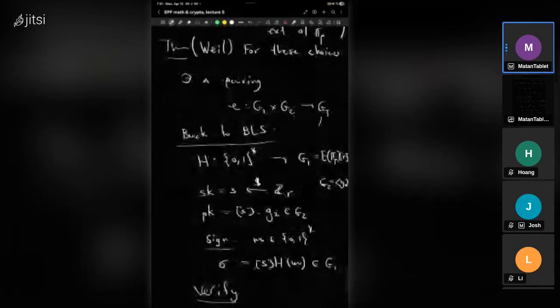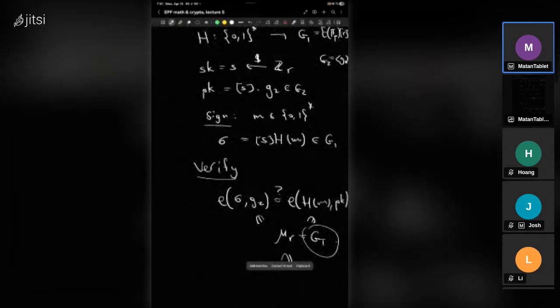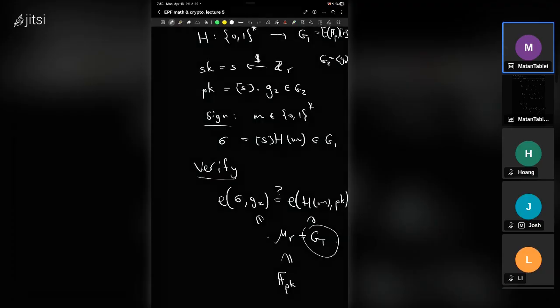This lives in just the field F_p^k. And so even if p is quite large, let's say 300 bits, I still need k to be around 10 in order for the discrete log in mu_r to be hard enough.